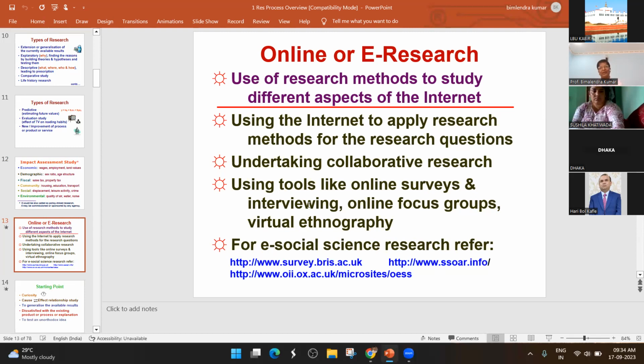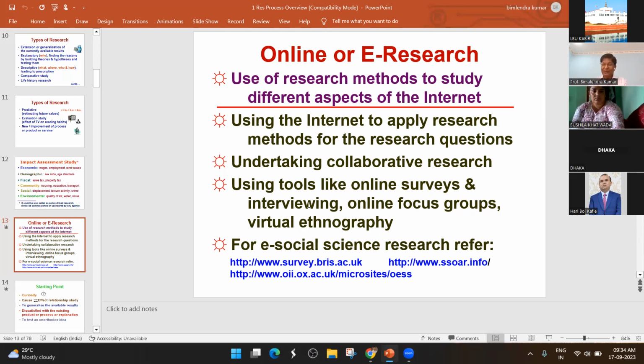But through online, people are collecting their research materials which are very far away. So these are helpful in making research problems related with the research topic.